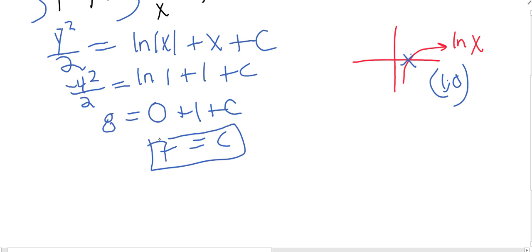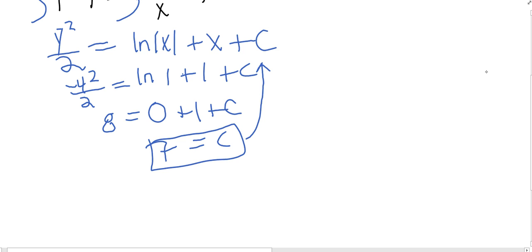So now we're going to plug that 7 back in up to this part of the equation right here, and we should be able to solve for y. Let's see what we get. So I have y squared is equal to, let's go ahead and multiply both sides by 2.